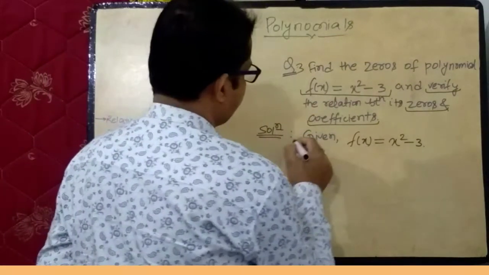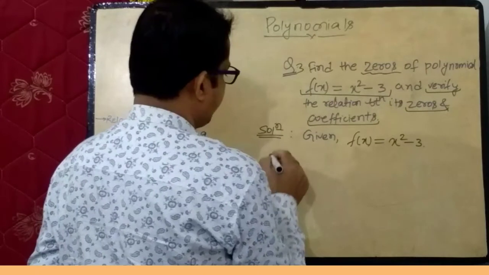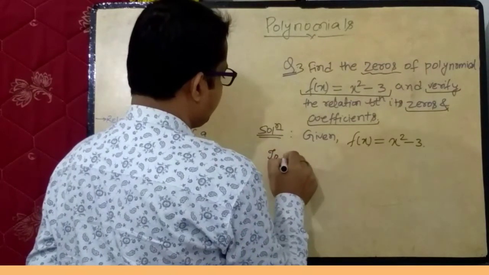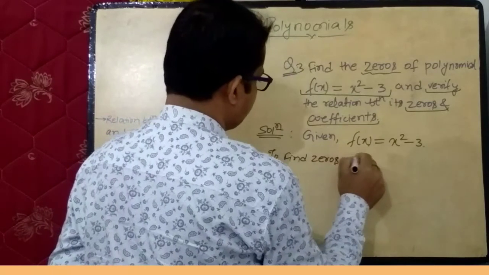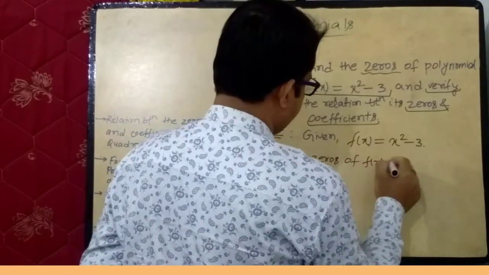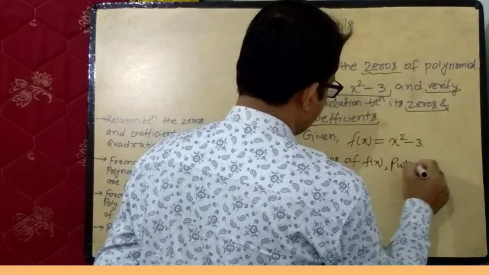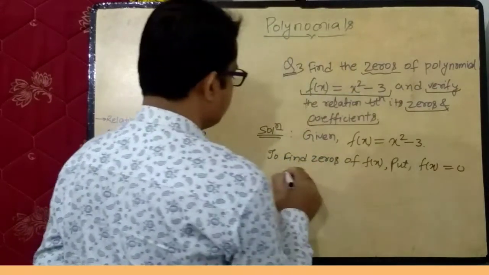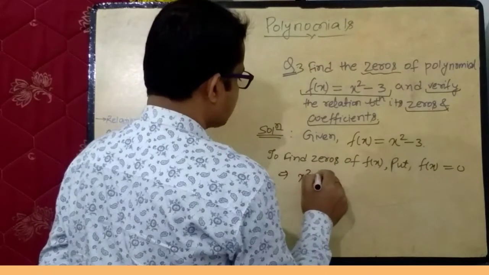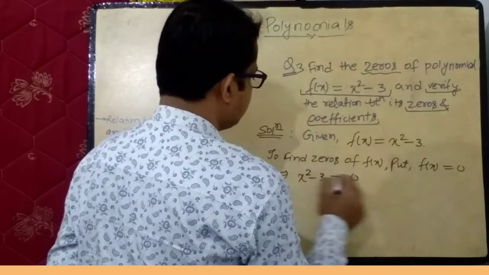Now we have to first of all find the zeros of the polynomial. To find the zeros of f of x, put f of x equals 0, that is x square minus 3 equals 0.